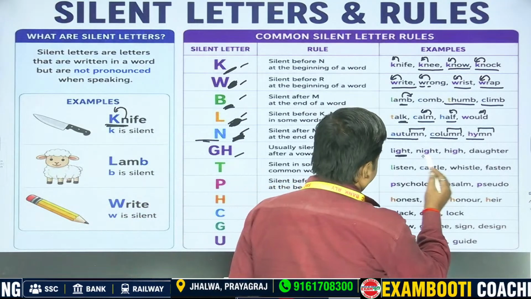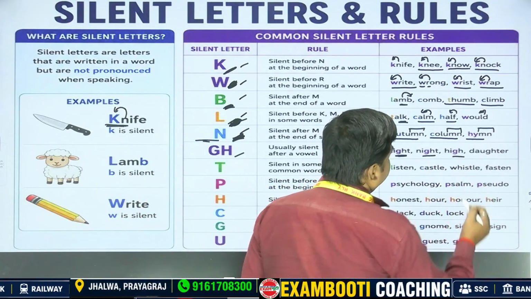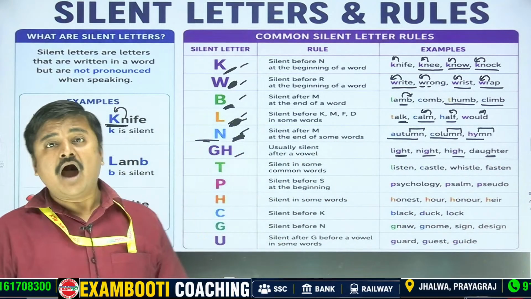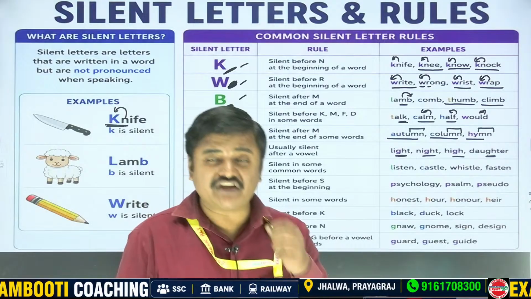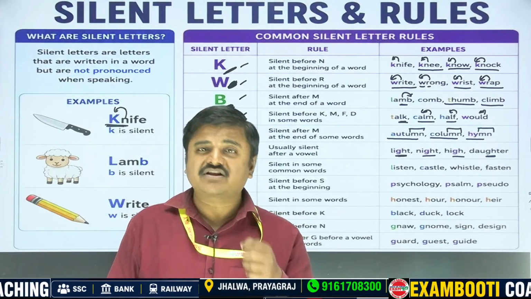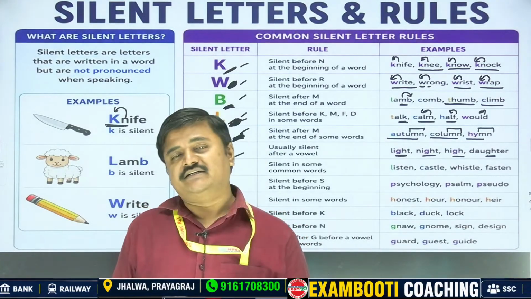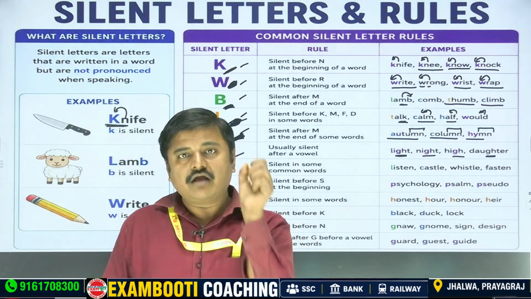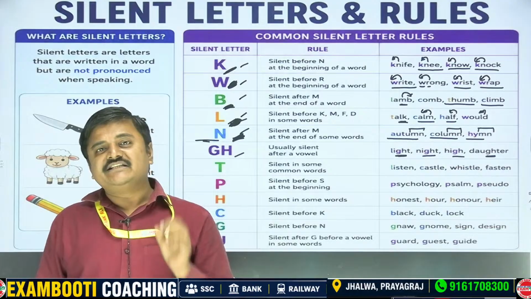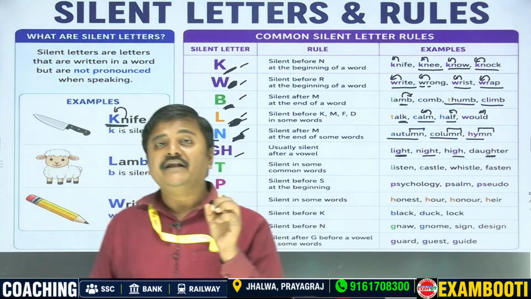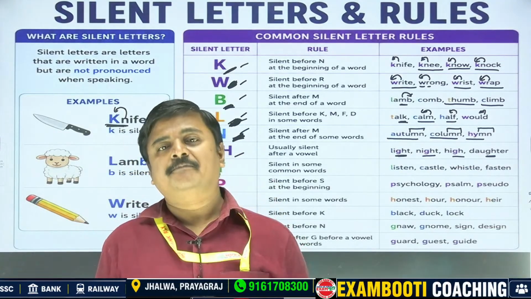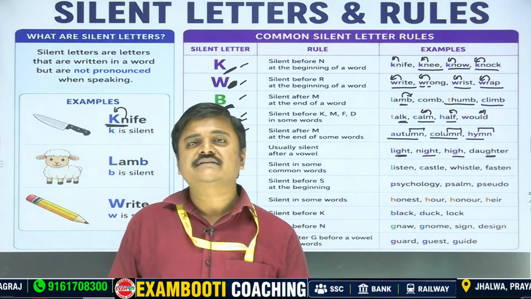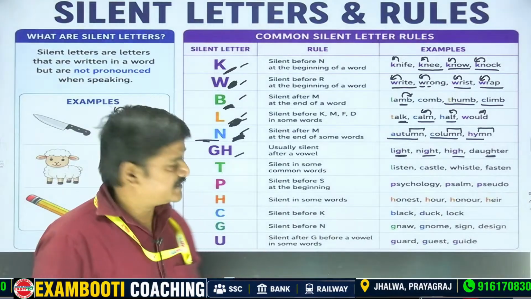In night, in high, in daughter. In high, GH is just after I. In daughter, GH is just after U. All these are vowels. That's why GH is silent in these words. Hope you understand the logic or the rules in all these words.